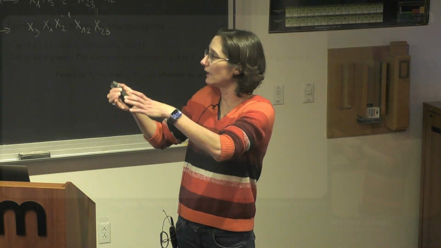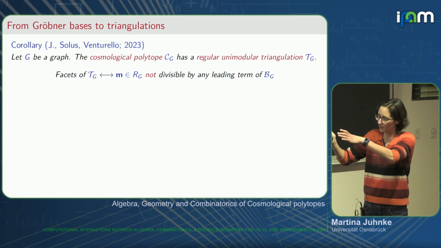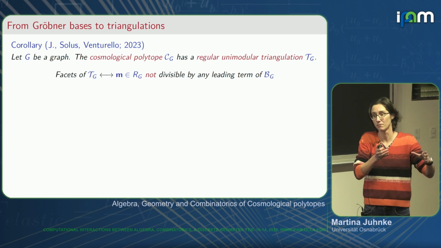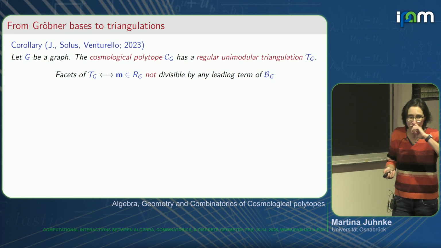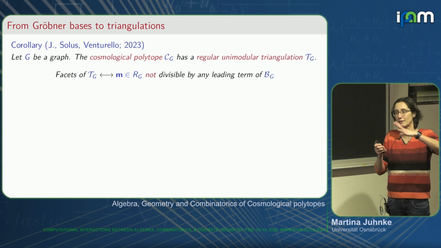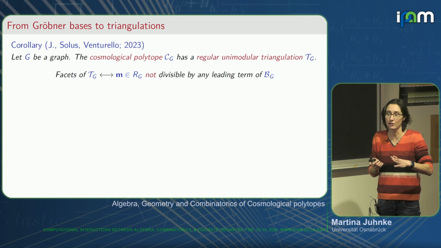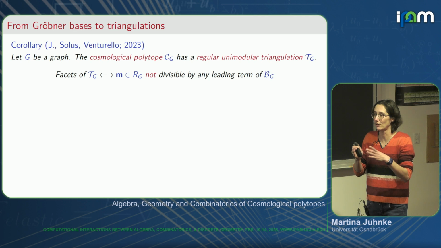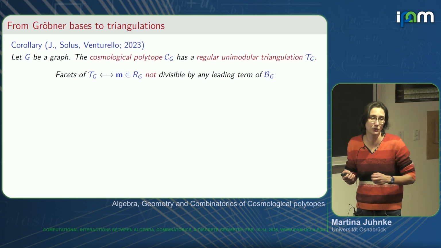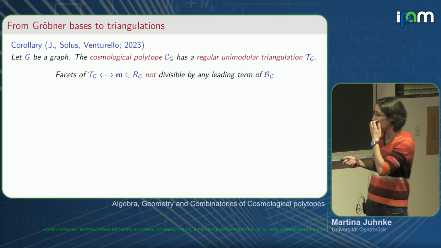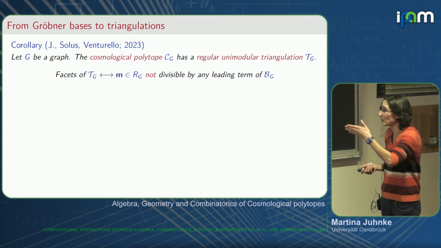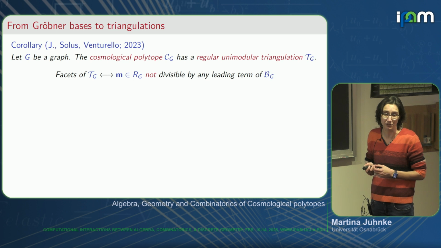And moreover, if the Gröbner basis is square-free, then the triangulation is unimodular, which, coming back to Ben's talk yesterday, just means that the simplices appearing in the triangulation have normalized volume 1. So they are somehow the smallest lattice simplices you could think of. And so we now know by this result that these polytopes have a regular unimodular triangulation.